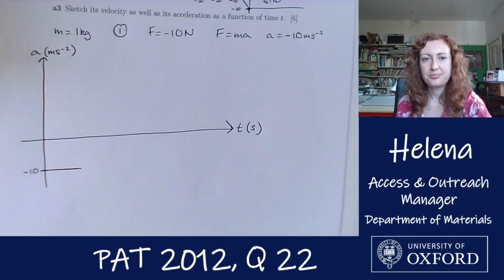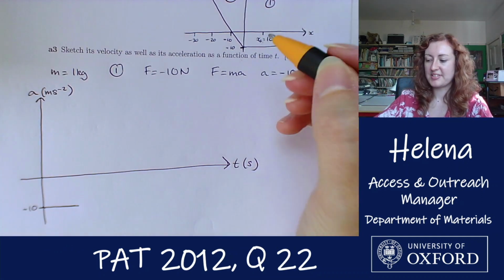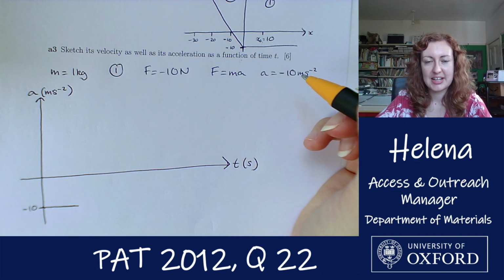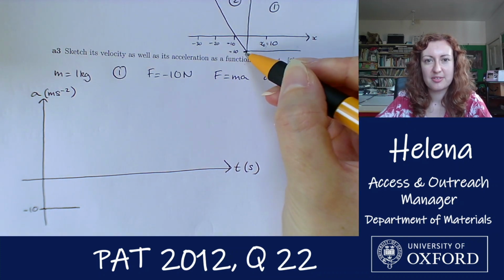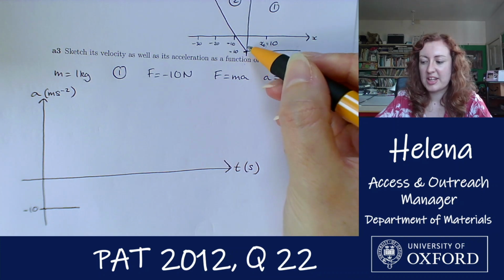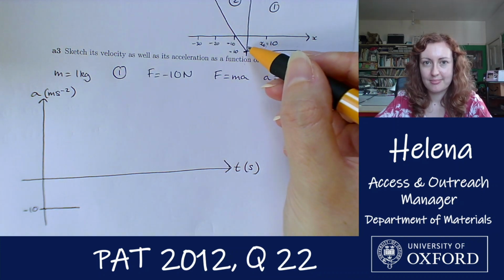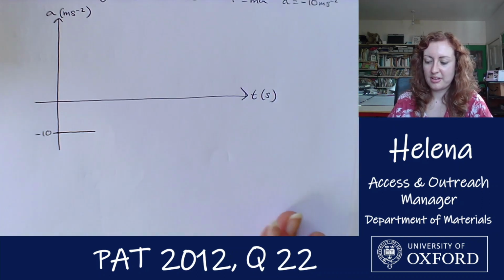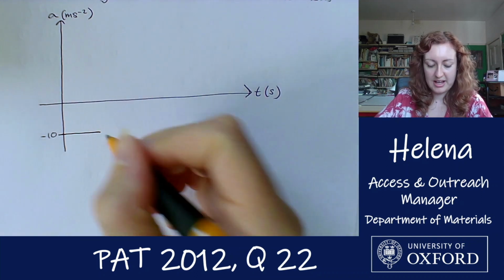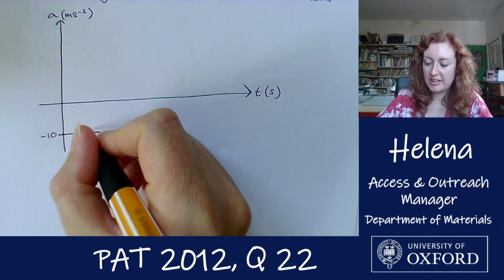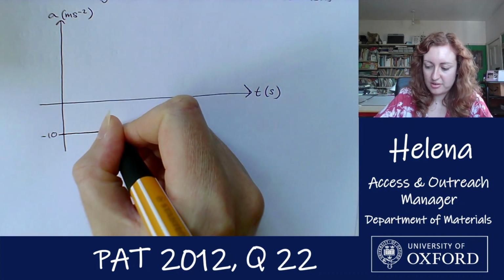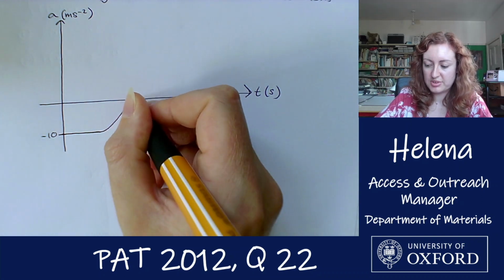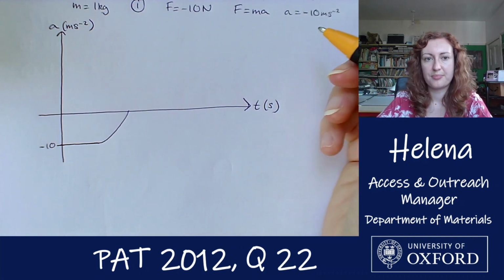Okay, so now what happens when we hit x is 0? Well, as I said, the force and the acceleration is still in the negative direction, but the amount is decreasing. So our acceleration will be slowly increasing up towards a value of 0.